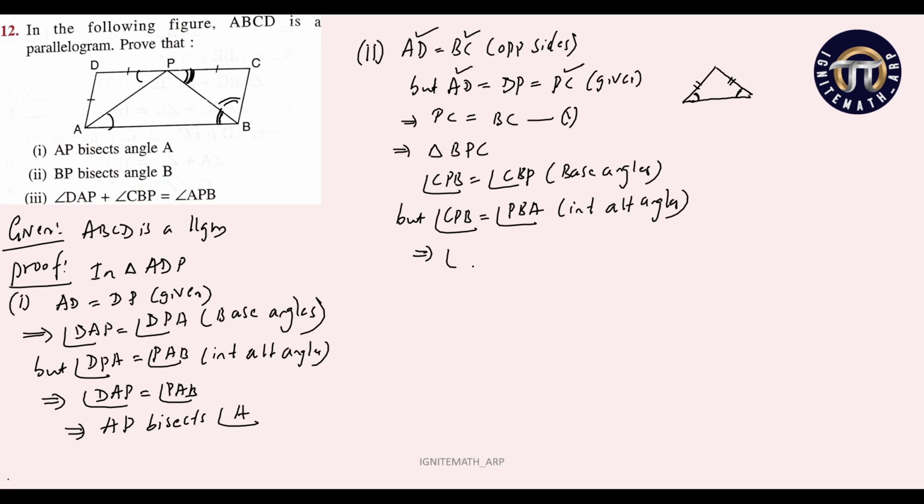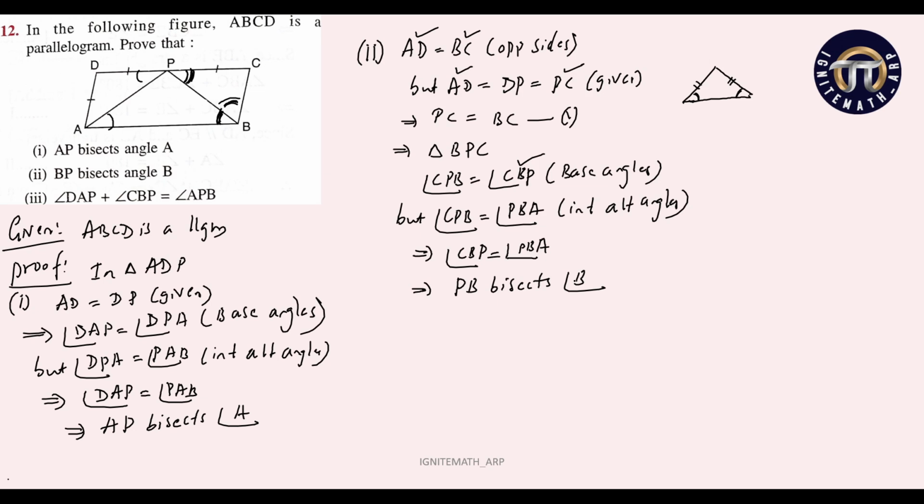So that implies angle CBP is equal to CPB, but CPB is equal to PBA, right? So I can say this angle is equal to this angle, that is CBP is equal to PBA. So that implies PB bisects angle B.